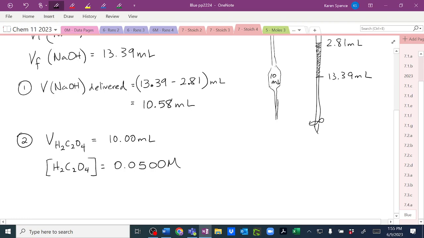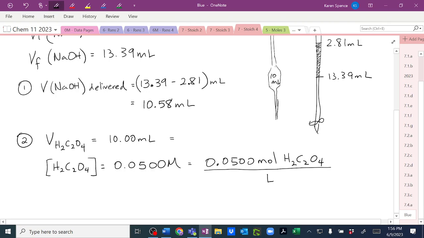Now, anytime we are doing any work with moles, what should we do when we see molar? We should rewrite it as moles over liters. So 0.0500 moles, and when we're doing stoichiometry, we should write that that is moles of H2C2O4 per liter. What should we do with our milliliters?